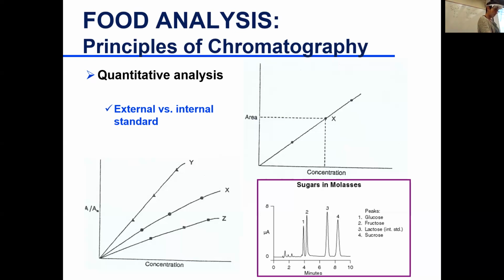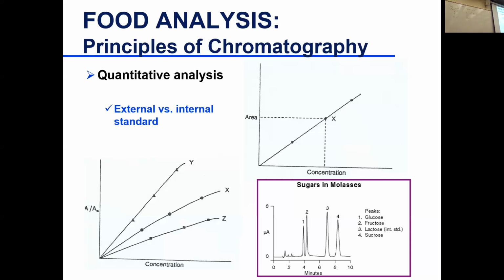And then just for that graph, can you explain the y-axis and the x-axis? Yeah, so here is the concentration of your external standard, because you vary it. And here is the area of your external standard over the area of your internal standard.